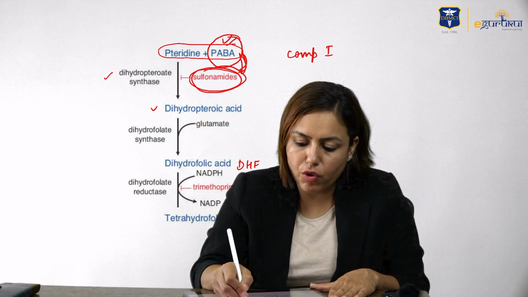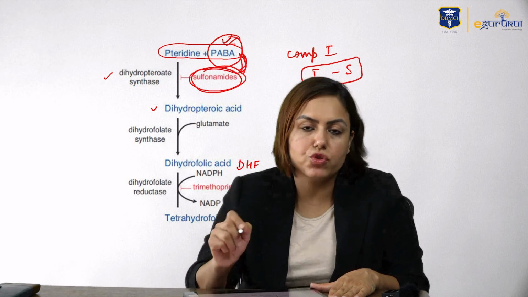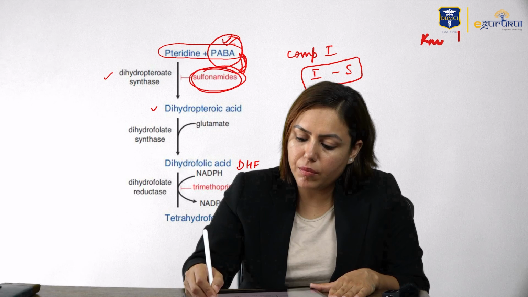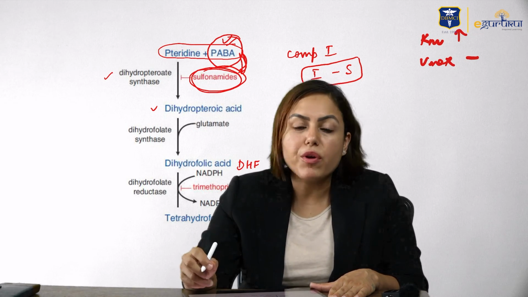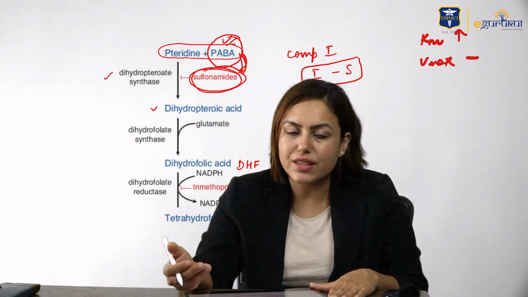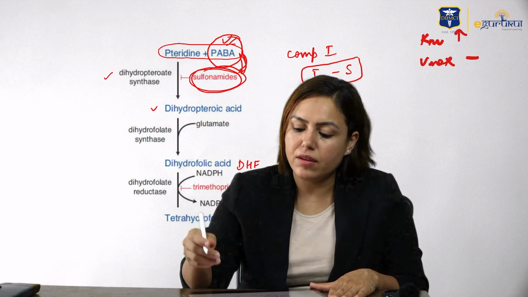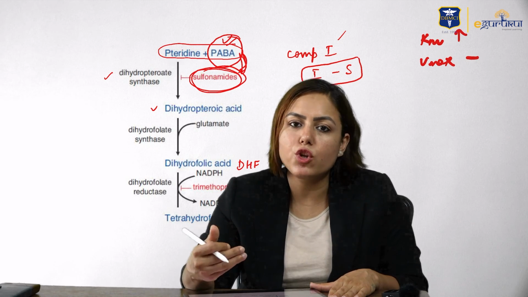In case of competitive inhibitor, inhibitor resembles in structure with the substrate. So in case of competitive inhibitor, we know that Km is increased and Vmax is not changed. Why? Because substrate concentration is increased. By Km increase, substrate concentration is increased and the inhibitor is not allowed to bind the enzyme, so velocity will not be decreased.